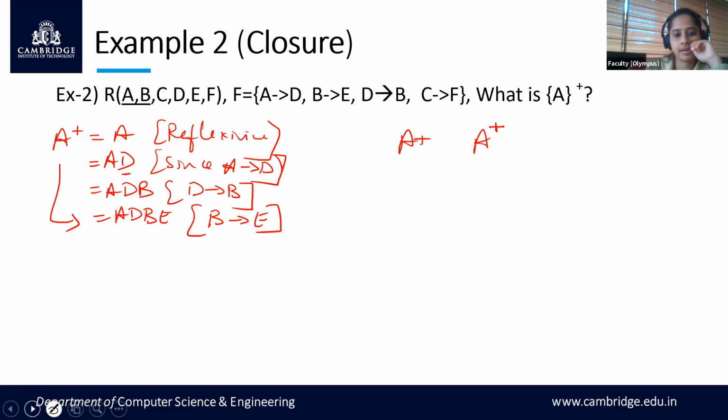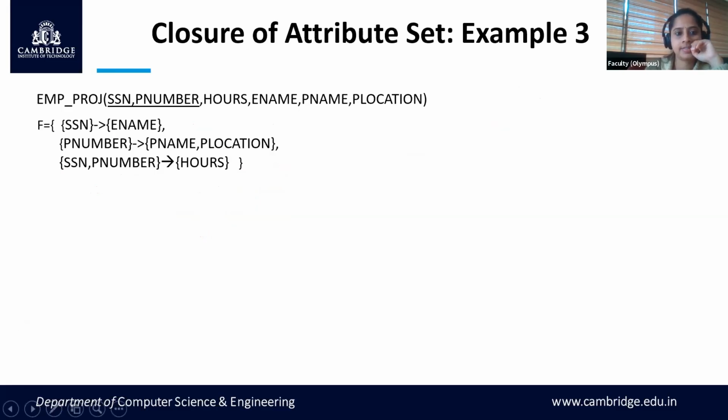Fine, correct. Now my second example. So if I've told you to find the closure of all the attributes, then you have to find all possible attributes. Let me see. What are the possible attribute closures? Which one will you find first? Which one will you take as the first closure attribute?